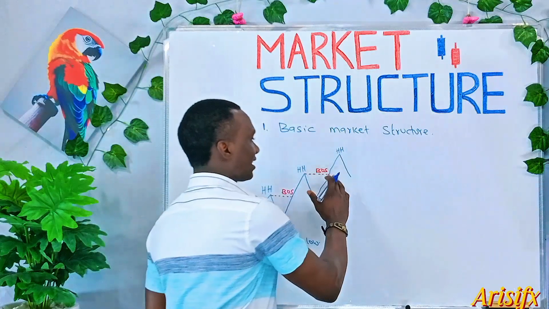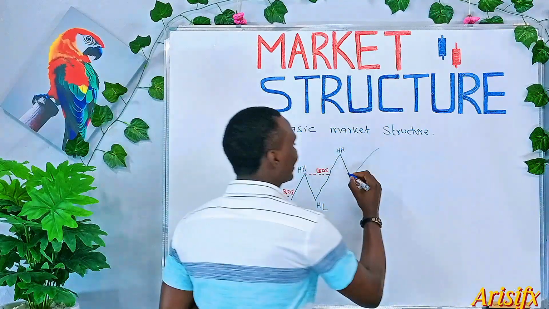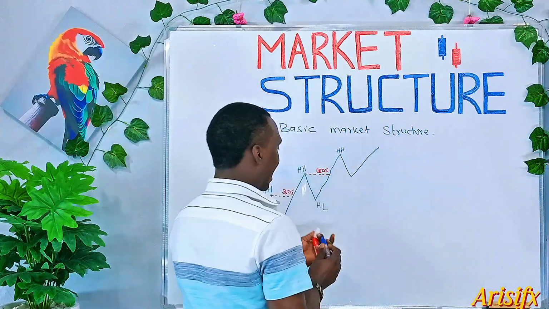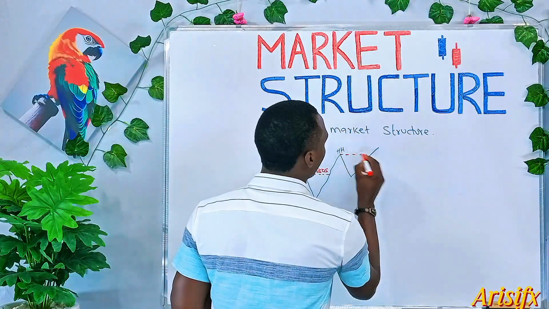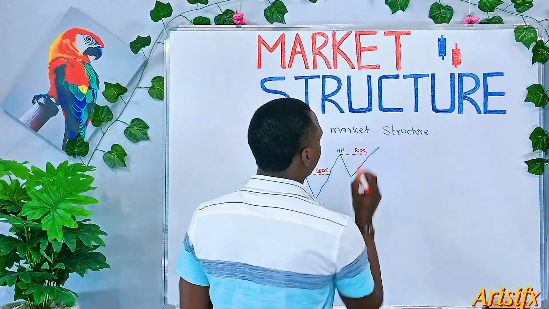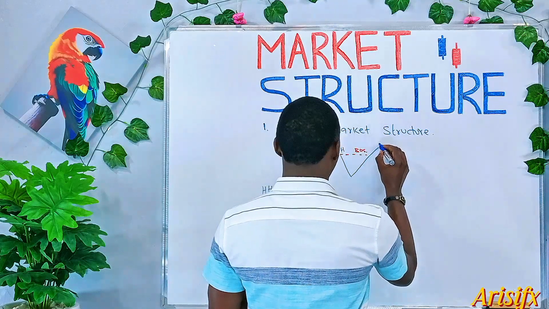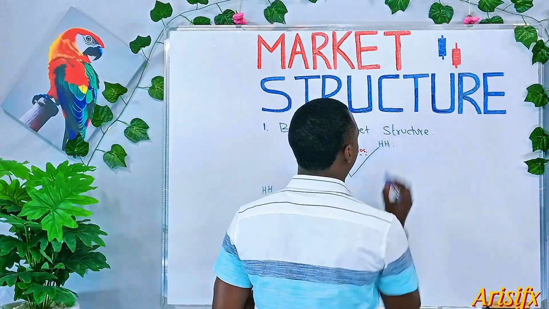In this scenario, the buyers will start buying again, forming another break of structure at around this place, forming another higher high.